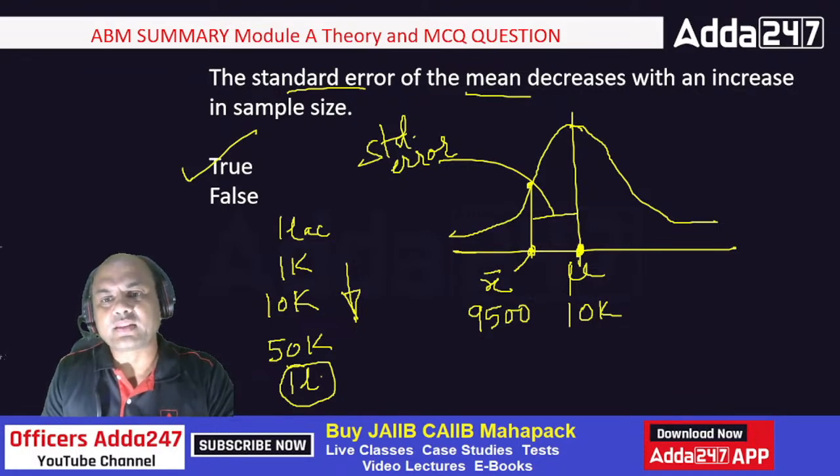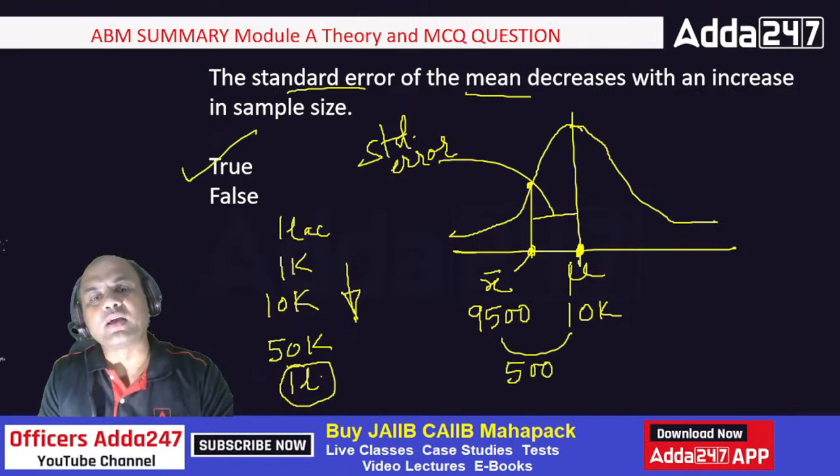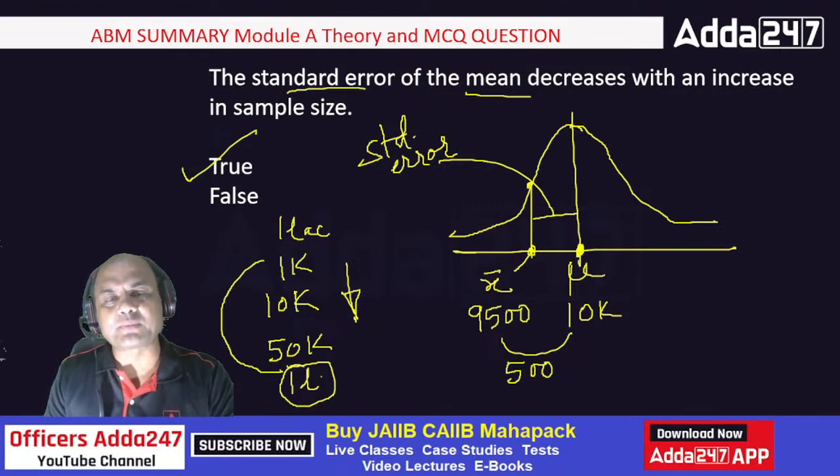The answer will be 10,000. So the difference is 500. For that, I am shifting the sample from 1000 to 1 lakh. So sampling 1000 persons versus sampling 1 lakh persons.